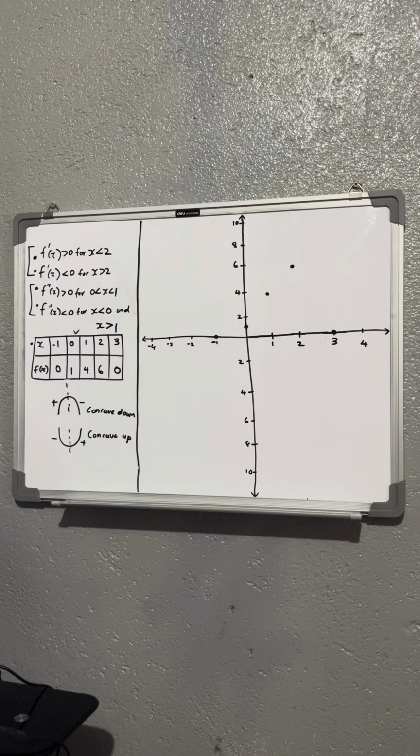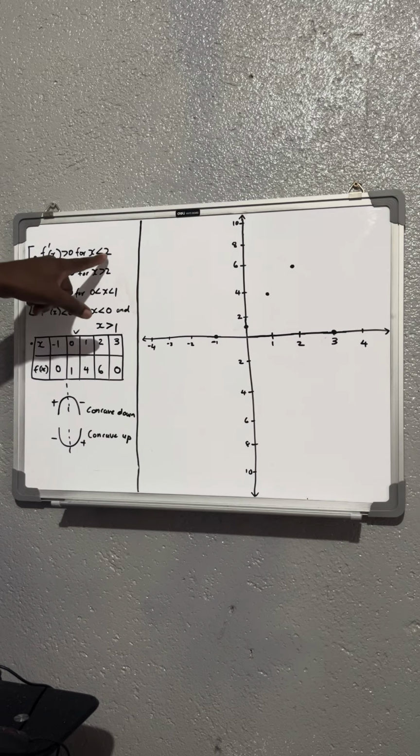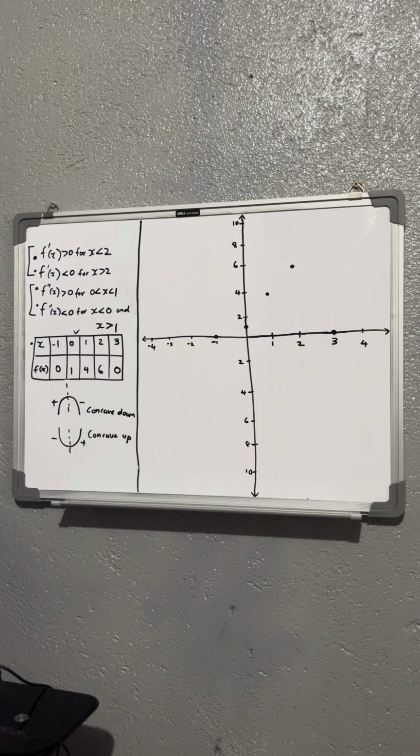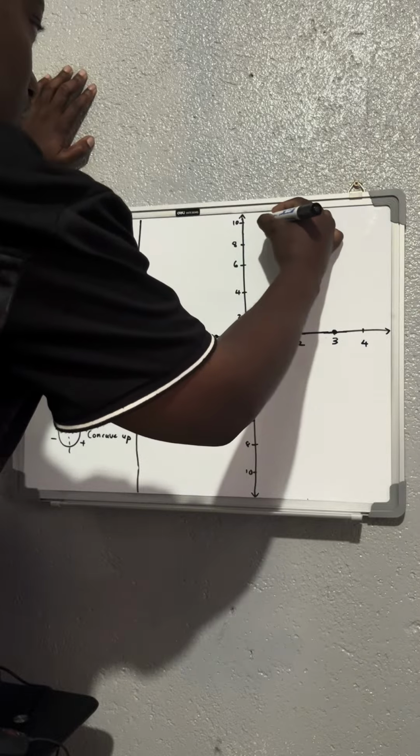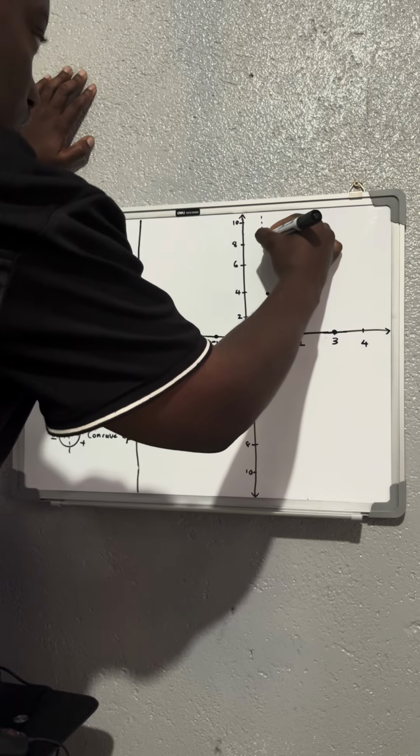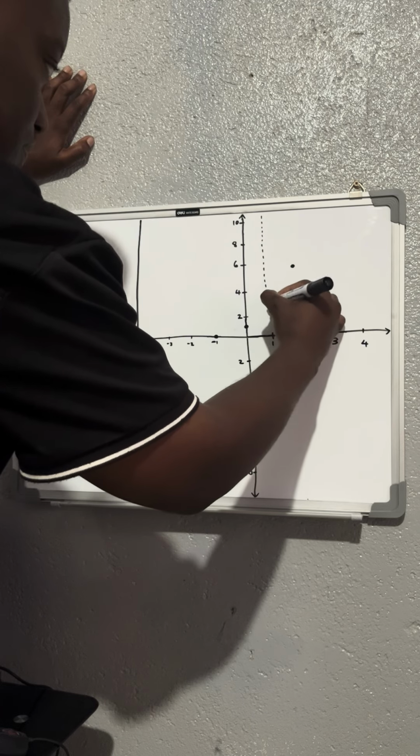Another thing that I like to check, when I'm looking at my restrictions, I can see that 2, 2 and 1 come up often. So I could just go to my graph and write dotted lines like this.